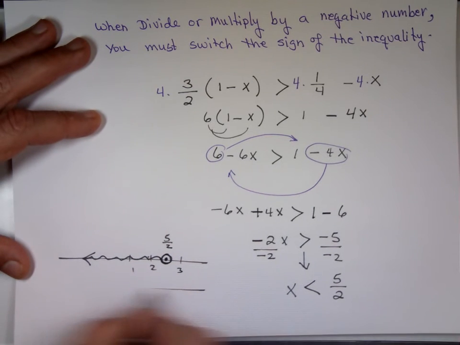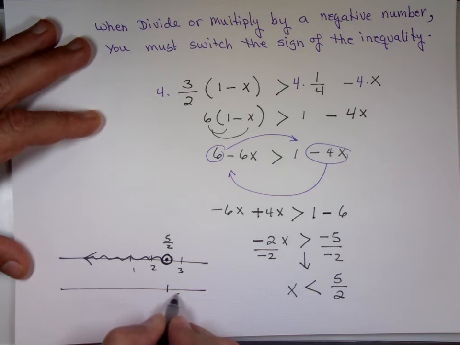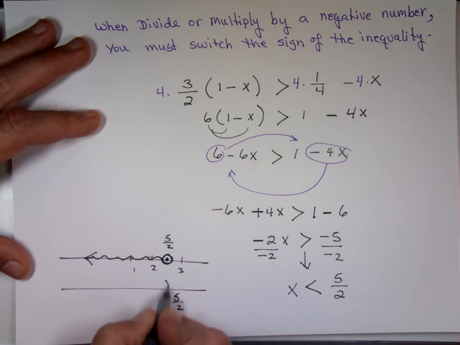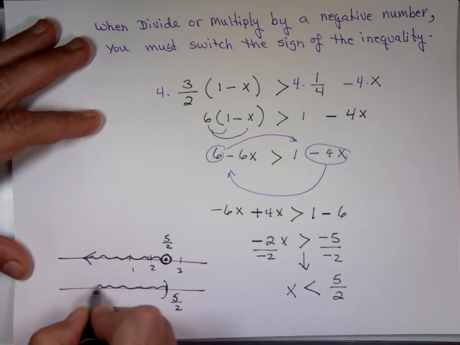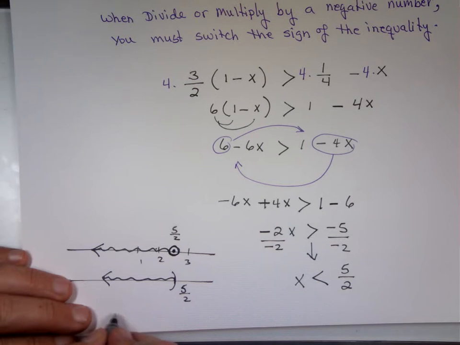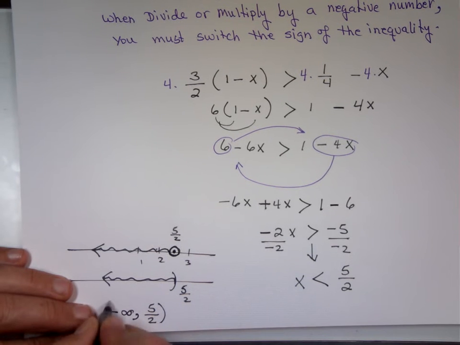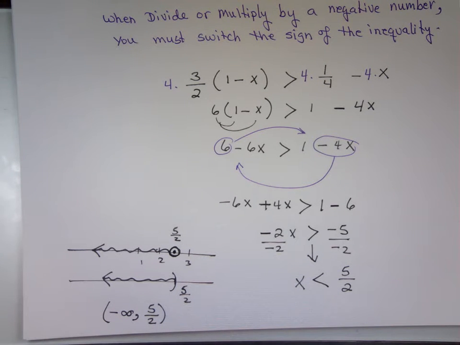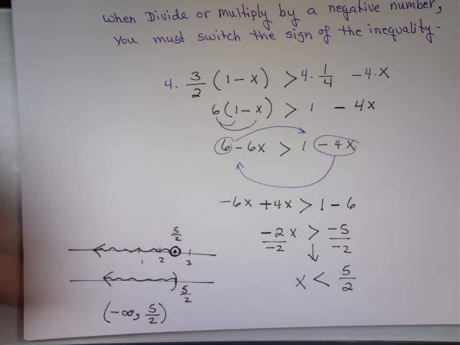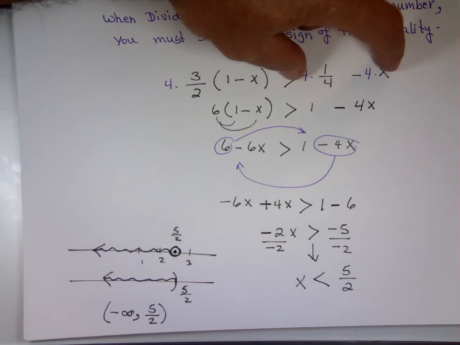Then you look, there is the 5/2 again. So from negative infinity to 5/2. That's your answer. Any number you choose in that range, and if you plug it in, this side will be greater than that side.